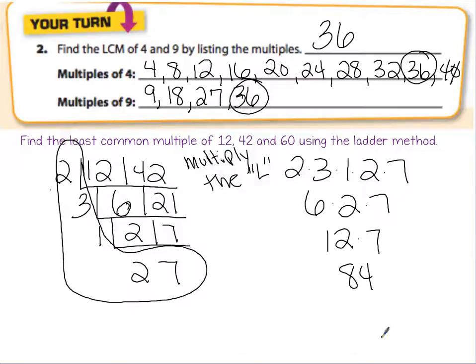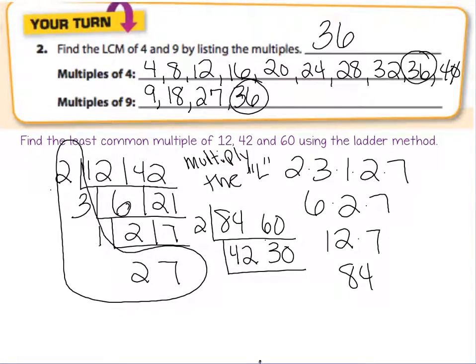Now what I'm going to do is take 84 and 60 and put them into a ladder. Both of them can be divided by 2. I get 42 and 30.